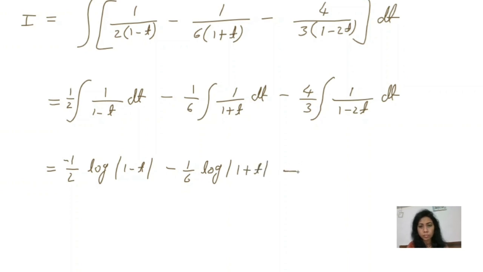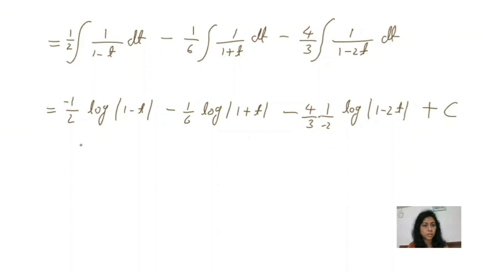And this is minus 4 upon 3 log absolute value of 1 minus 2t, but here it is minus 2, that's why we divide by minus 2, and plus C, an arbitrary constant.